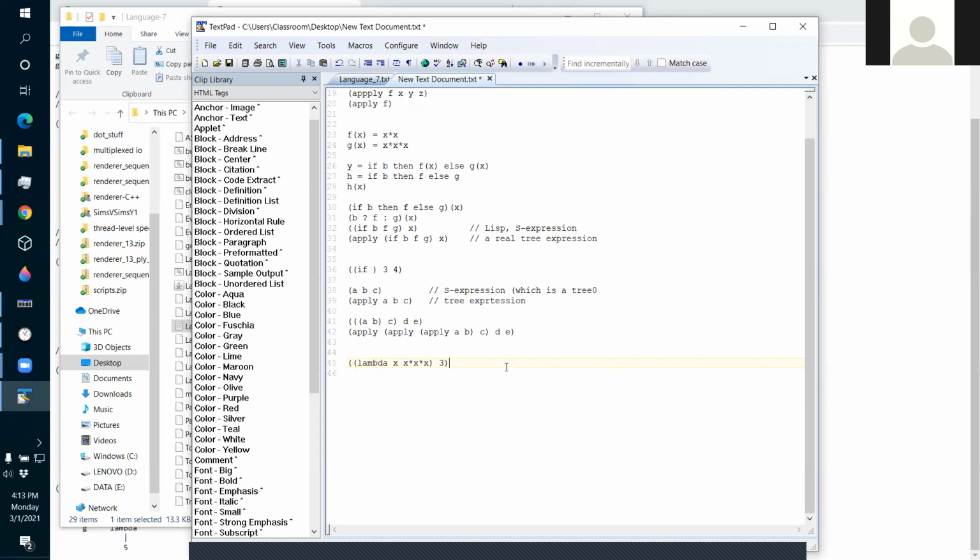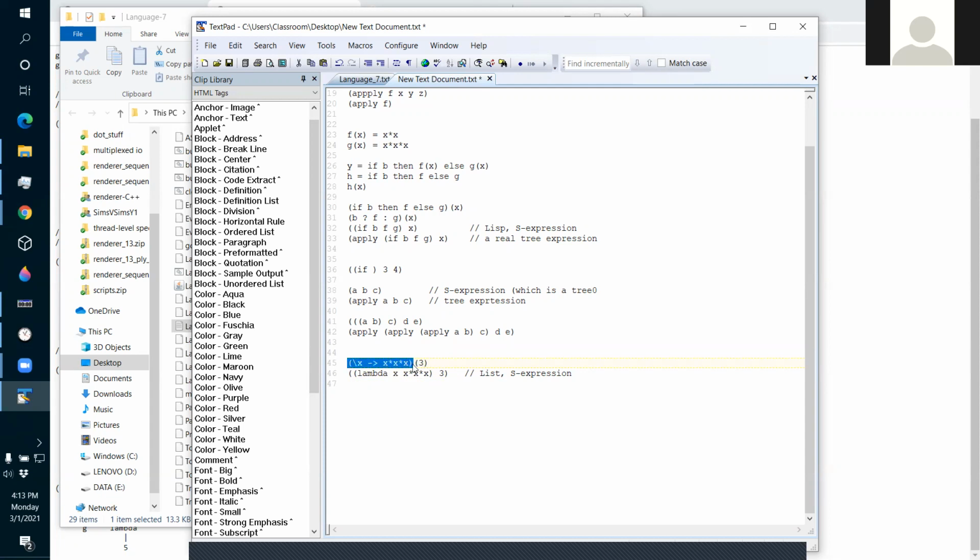This is written in Lisp, and it's an S expression. But what's interesting, instead of saying a Boolean computes the function, here is the function, but it's a lambda expression. So there's the function to apply. If I was to use a more C-like notation, here's Haskell, like lambda x goes to x cubed, applied to 3.